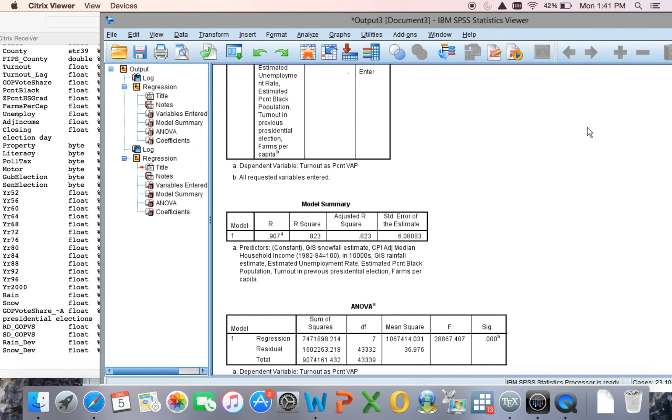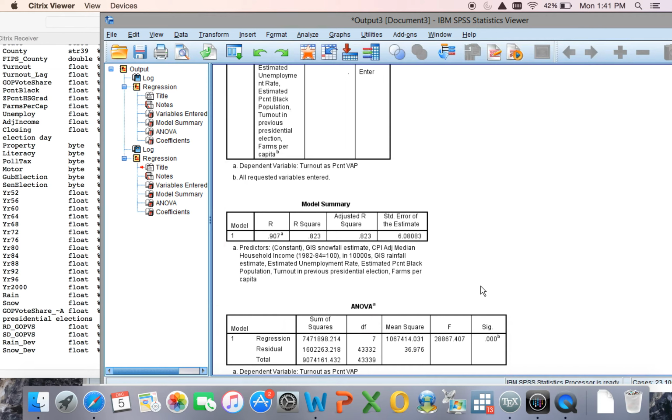And it will spit out new results. The adjusted R-squared has gone up, in fact substantially, way up to 0.823, or 82.3% of the variation in the dependent variable, which is voter turnout, can be explained by all of the independent variables. Essentially our model predicts 82.3% of the variation in turnout.